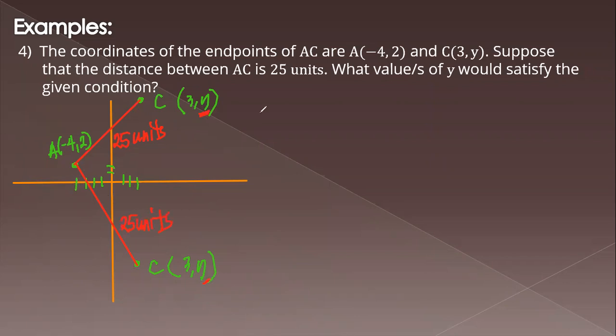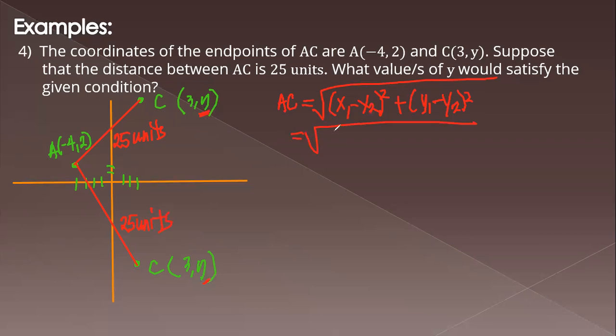Okay, so let's see. So the distance between AC is equal to the square root of x sub 1 minus x sub 2 square plus y sub 1 minus y sub 2 square. So that is equal to the square root of our x sub 1, we have here negative 4 minus 3 squared plus we have y sub 1, which is 2 minus y sub 2, y, squared.